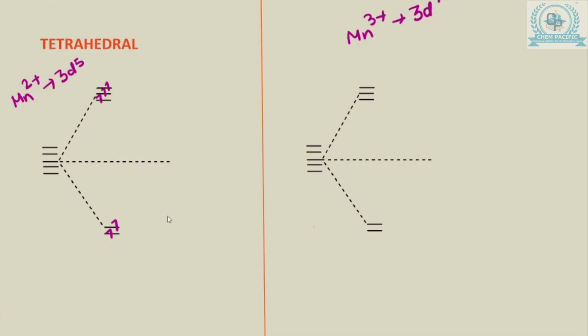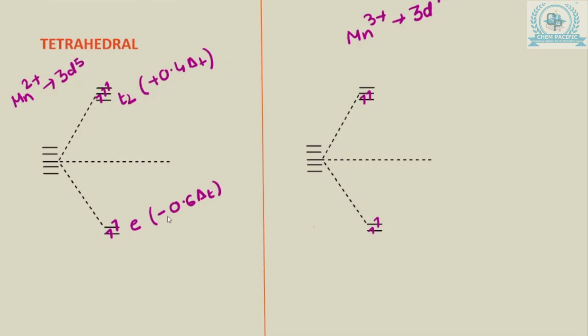So see, if it is tetrahedral, the lower one is going to be your E and the upper one is going to be your T2. The lower one, E, is going to have the energy of minus 0.6 delta T and the upper one is going to be plus 0.4 delta T. And in this case, the same story, if it is d4, it is going to be 1, 2, 3, 4.